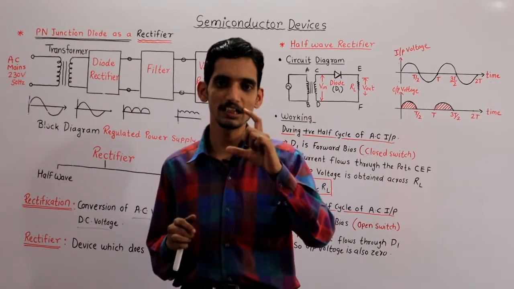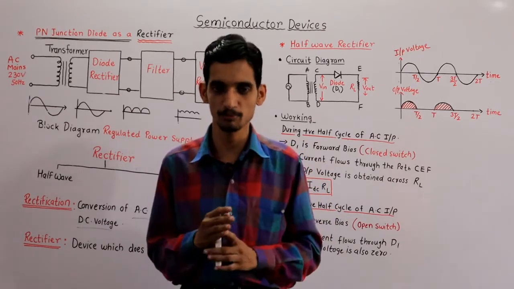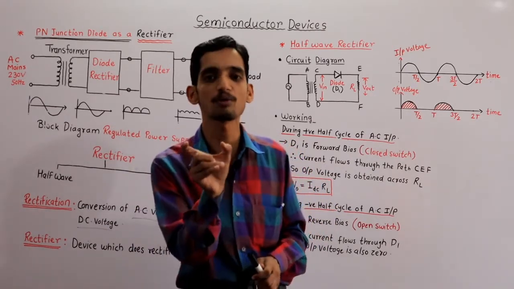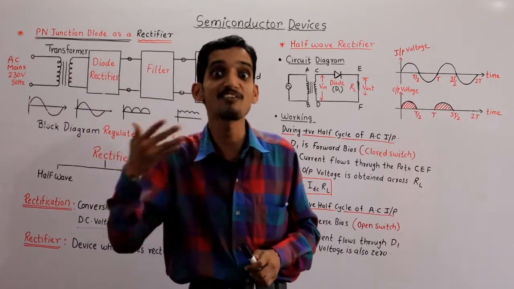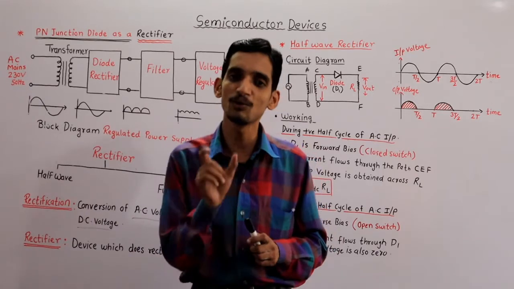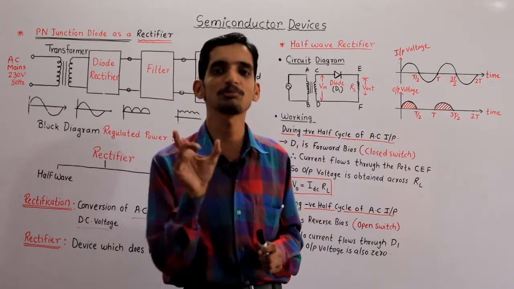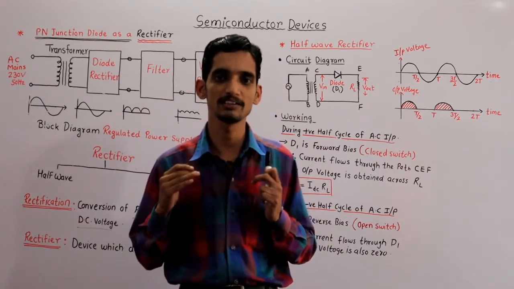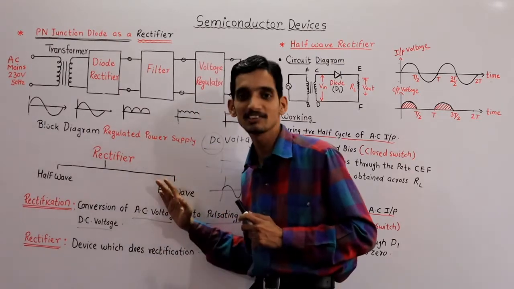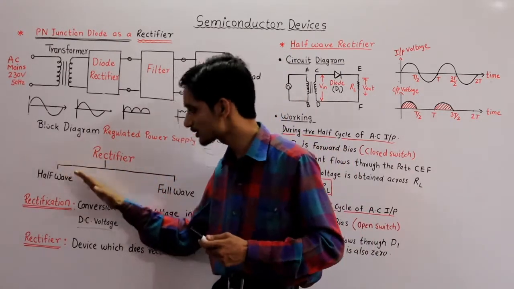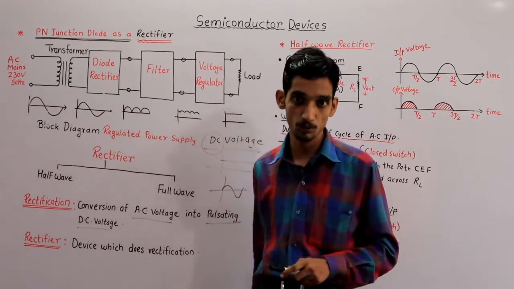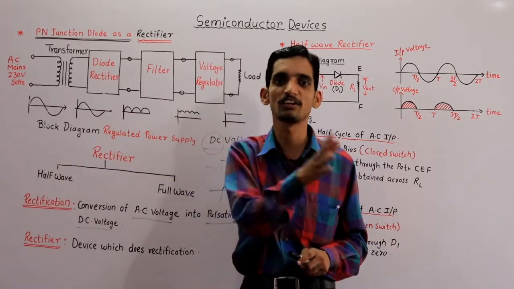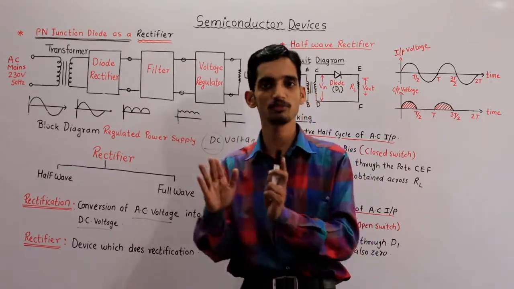The complete glass is in front of us, but we utilize only half of it, so we pay only half the amount. That is half wave. In that case, we only utilize the half portion of the glass for our convenience. That's why it is called half. So in that context, this is correlative: half wave and full wave. Which part of the input is converted? This is what is called half wave and full wave rectifier.